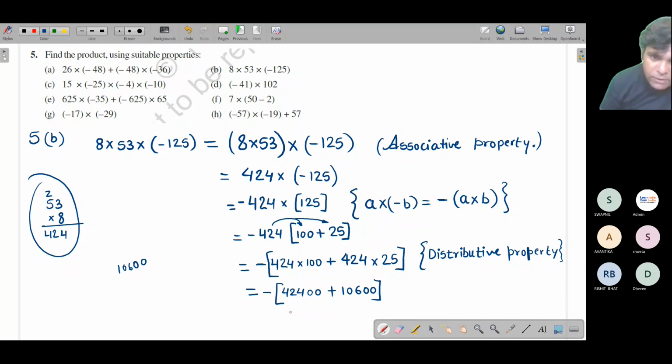Now addition of these two: 0 with 0, 0 with 0, 4 with 6 gives you 0, and then 1, 3, 4 and 1, 5. Correct? Sir, minus 53,000. Yes, 53,000 is correct. That minus sign remained there.